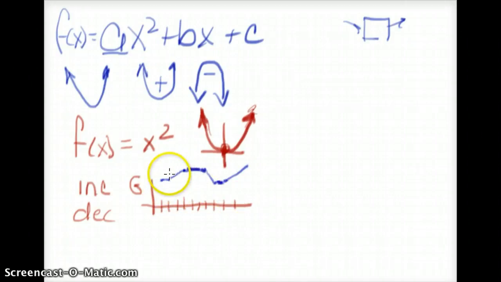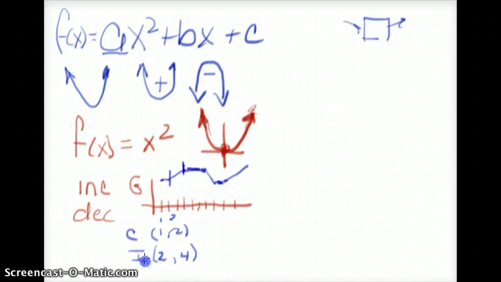So what does this mean? This means from these x values, from week 1 to week 2, it was constant. From week 2 to week 4, you're increasing. And then of course we have another constant period right here.